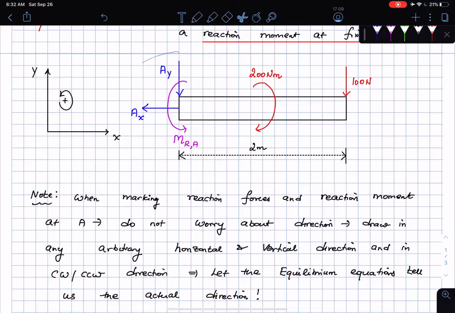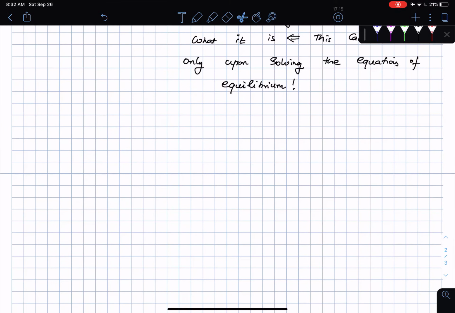Okay, so let me take this figure here. Okay, and then let me come and then bring it here. Okay, so to find MRA, I need to get that comma right.